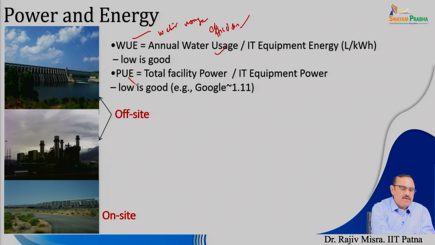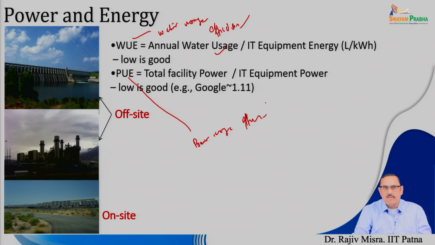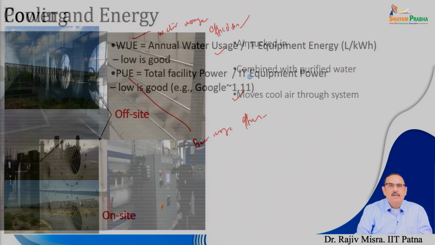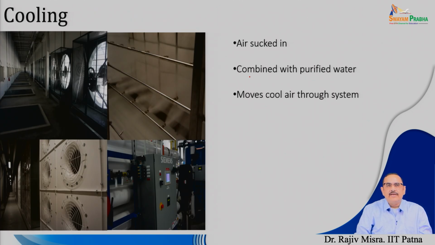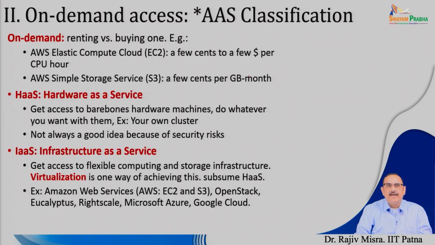Similarly, PUE, power usage efficiency, is the total facility power divided by IT equipment power; low is good. Google claims that it is achieving close to 1, and that is good. So, a lot of cooling technologies are also in place in the data center.